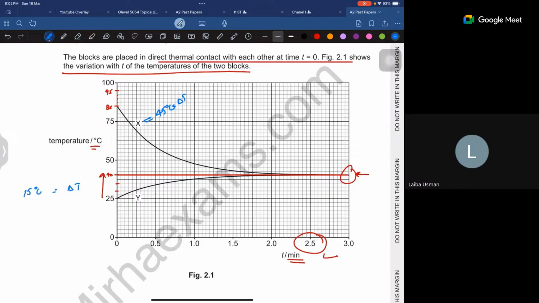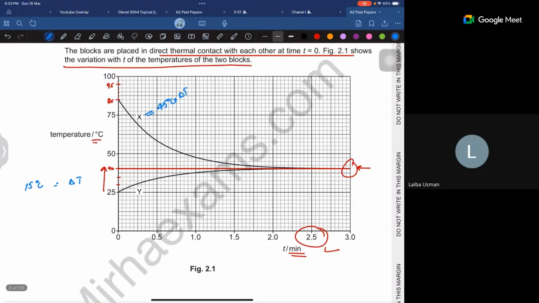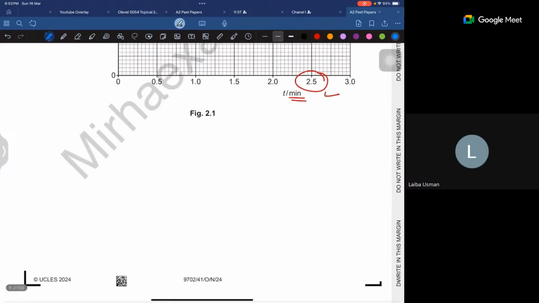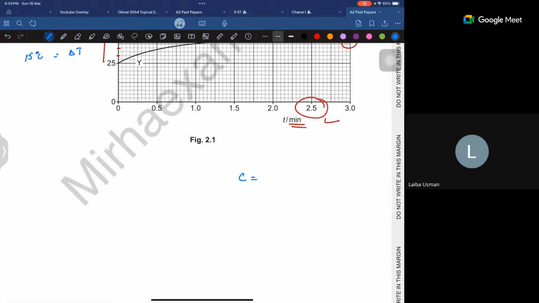So that basically indicates that Y is of a larger thermal capacity because it's gaining the same amount of energy that X is losing, but for a smaller change in temperature. And you can actually see it with the formula as well, because you know heat capacity is given by Q over M delta theta.